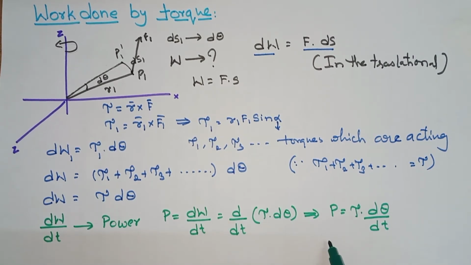What is d theta by dt? In the last classes we learned that d theta by dt is omega, so power is equal to tau into omega.